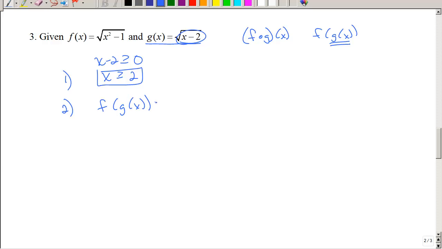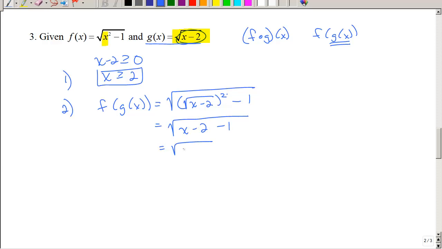Now we're going to find the composition function. Everywhere there's an x, we're going to replace it with the square root of x minus 2. So we have the square root of something squared minus 1. That looks weird, so I'm going to square a square root, it goes away. I'm going to collect like terms. So that's my composition function.